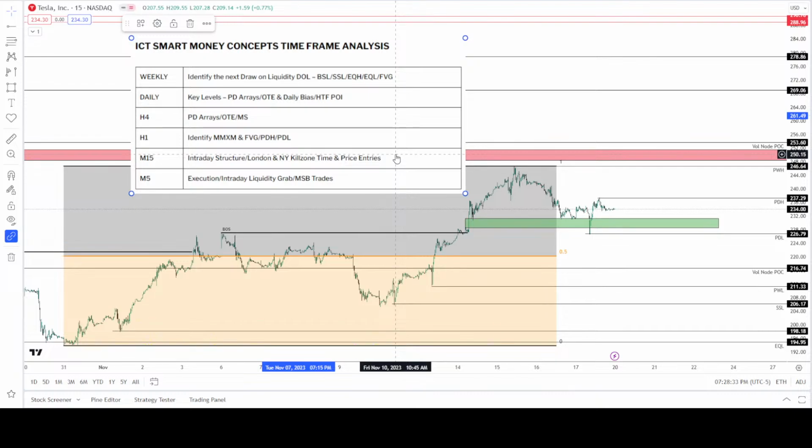I have been turning on my after hours and pre-market, which I wasn't previously doing. But what I have noticed in doing that is that there is structure that's important, and you do catch some of the London and some of the Asian time periods during your aftermarket or your after hours and your pre-market.